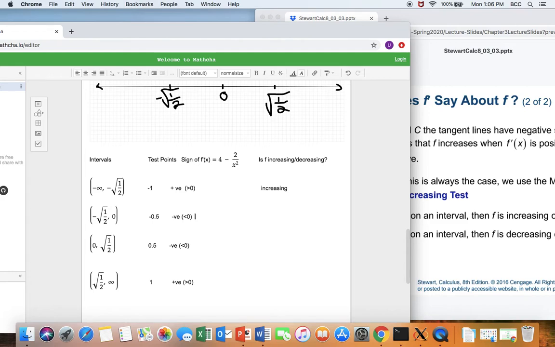When f prime is negative, f is decreasing. When f prime is negative, f is decreasing. When f prime is positive, f is increasing.